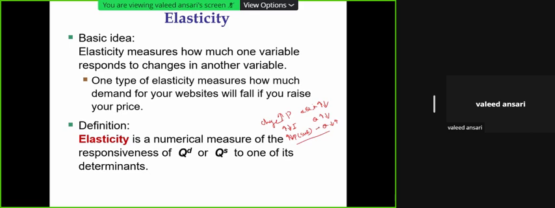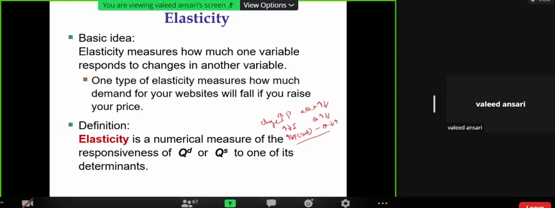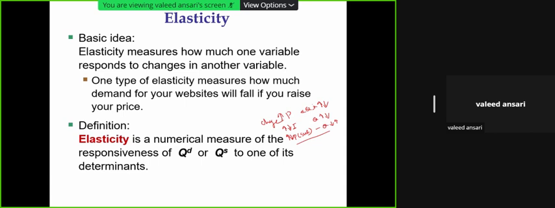Right now I'm exploring the relationship on the demand side, right? Price elasticity of supply is also there. So all those factors which are behind supply, for example, if price is increased, how much it will affect the quantity supplied, and so on and so forth.